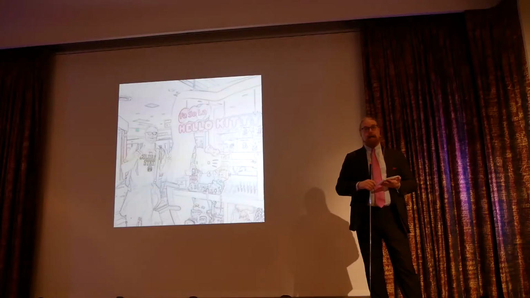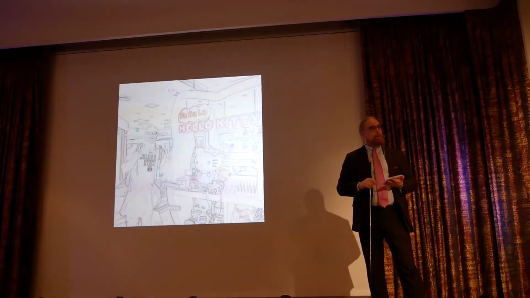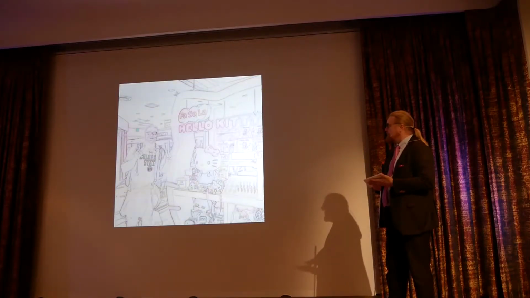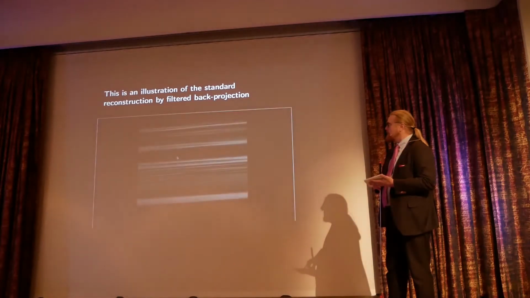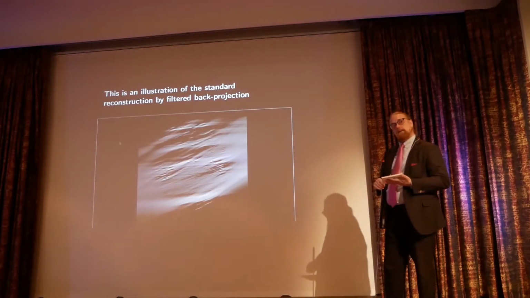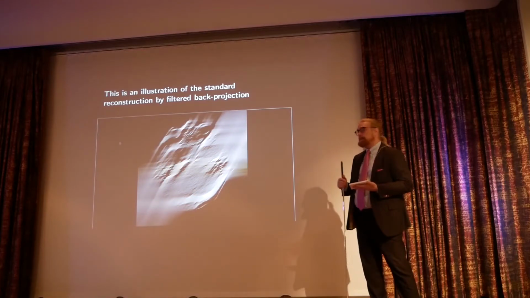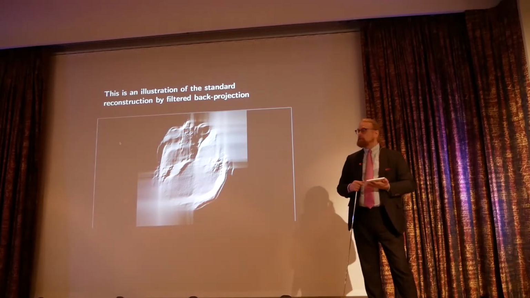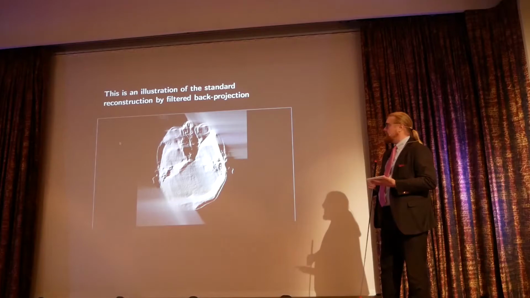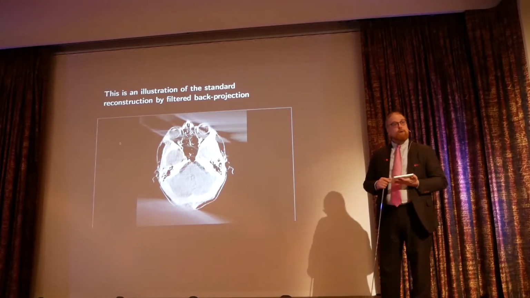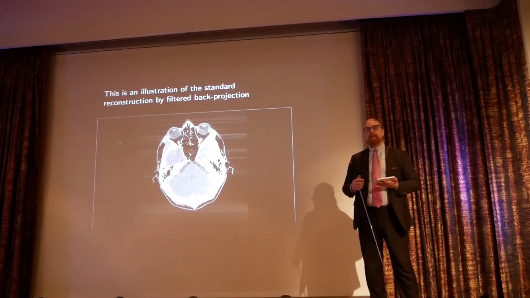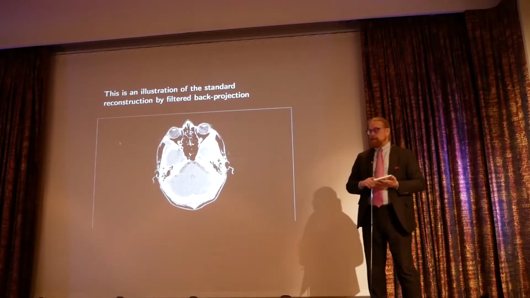So it's kind of an edge enhancement, taking away all blurring. That's what's happening here. The projection data is sent back into the image, and a filter is applied. That's how it works in these classical, traditional X-ray devices.